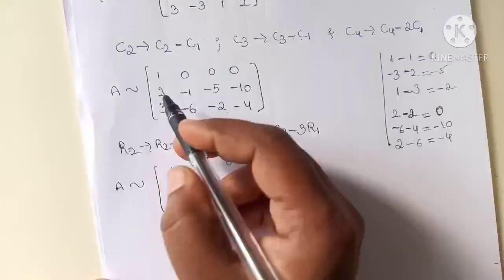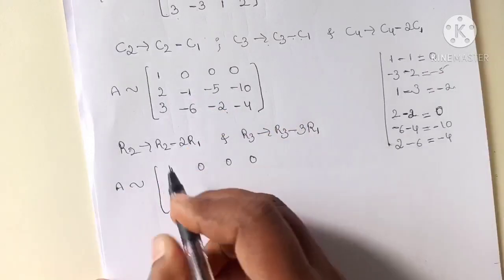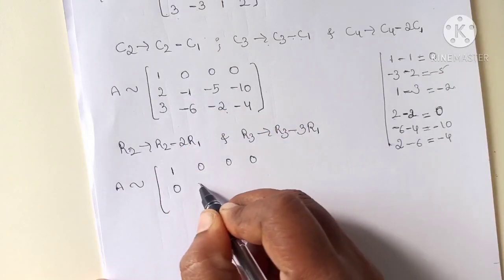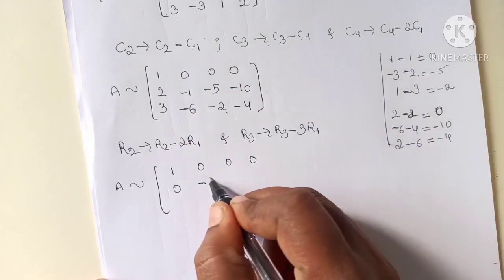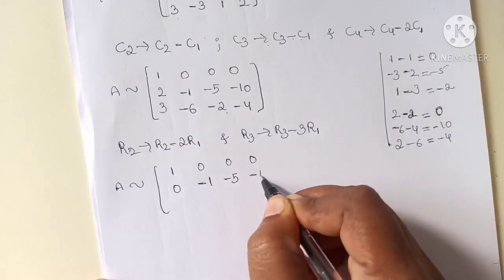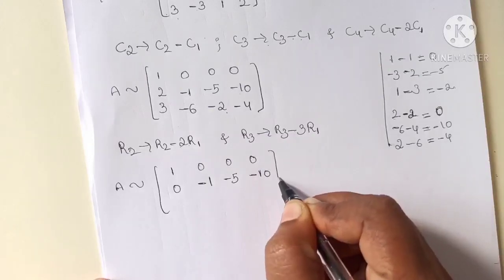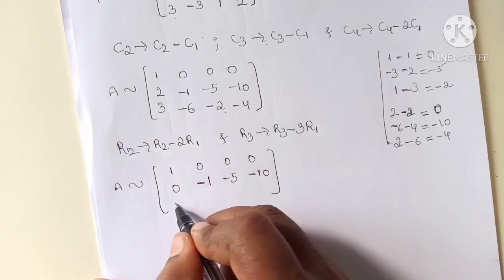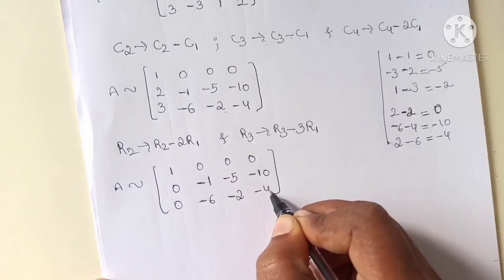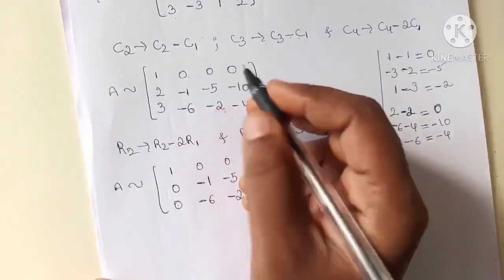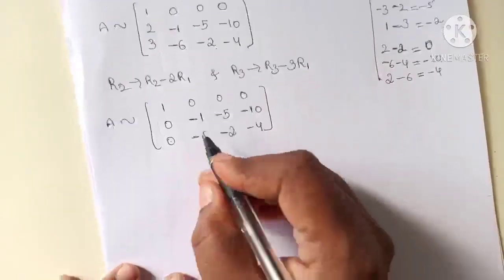R2 minus 2 into R1: 2 minus 2 equals 0. The remaining three elements will be as they are, minus 3, minus 5, minus 10. And this becomes 0, and minus 6, minus 2, minus 4 as they are, because 3 into 0 equals 0.